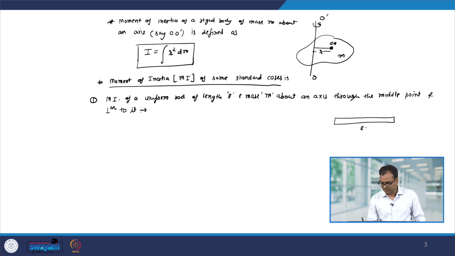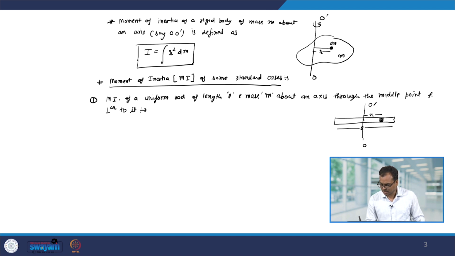m, the length is L, and let us say we want to find out the moment of inertia about an axis which passes through the middle point and that is perpendicular to it. So, this is our o prime. Okay. So, to find out the moment of inertia, let us consider a small mass dm at a distance of x.